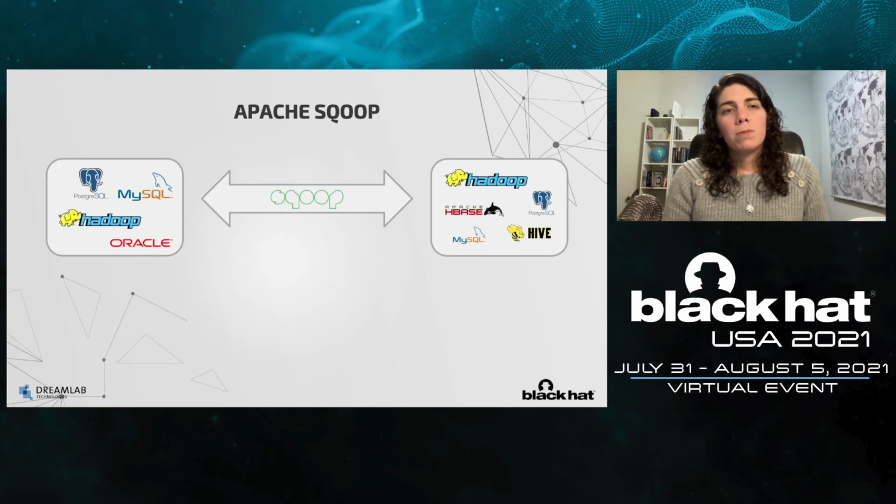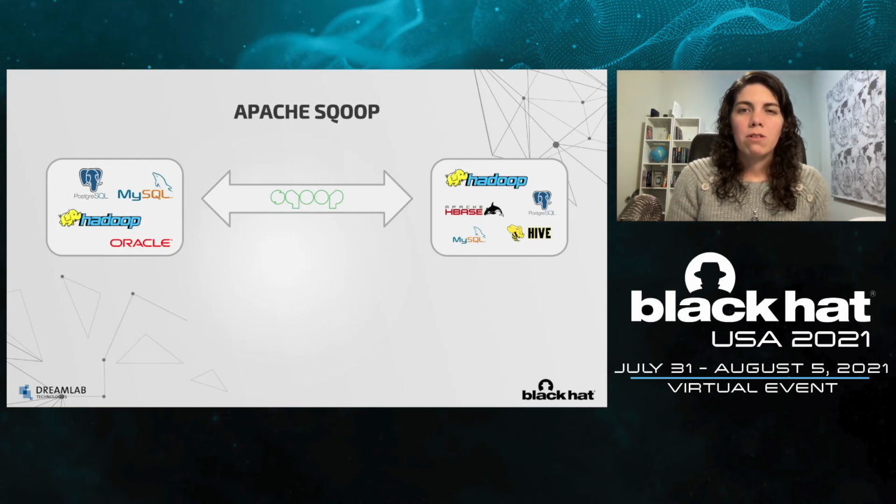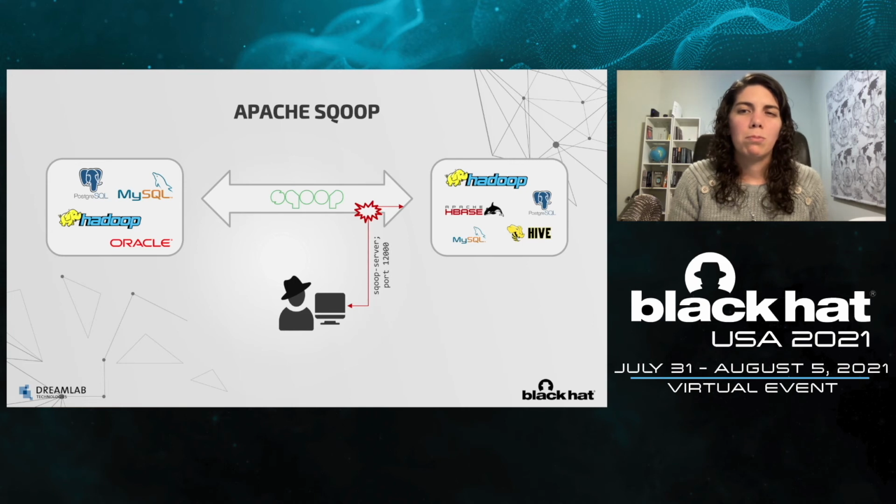And regarding Sqoop, as I said, this moves static data. It is commonly used to ingest information from different SQL databases into Hadoop. Analyzing a Sqoop server, I found an API exposed by default on port 12000.